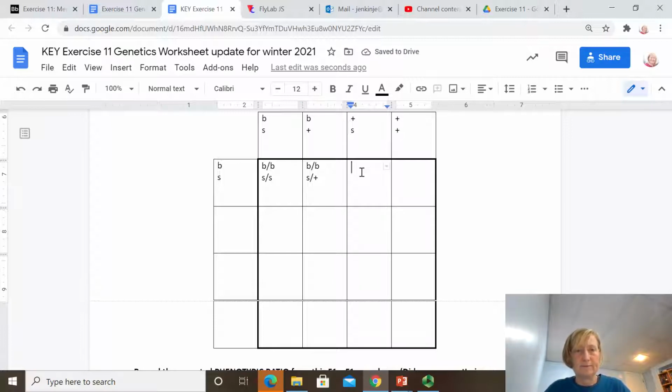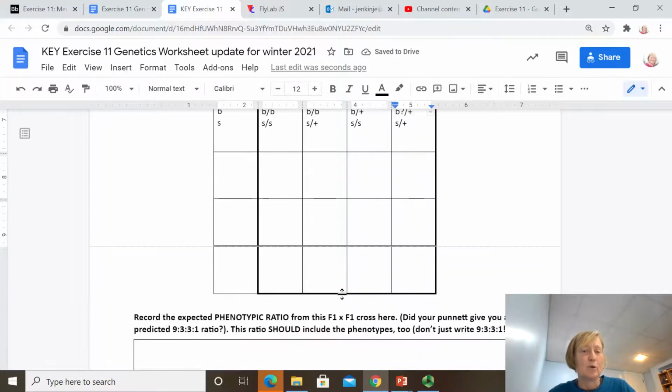And then the next one, B, S, S, okay? And then B positive, S, B positive, people. I gotta be positive, this takes forever. I'm not good at doing these. Look at this mess I'm making. Okay, there we go. And you're going to fill in all 16 of these boxes.